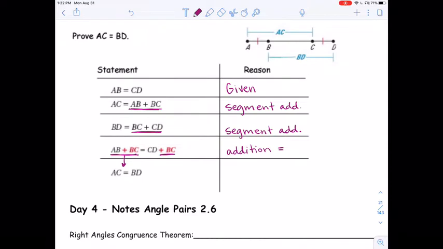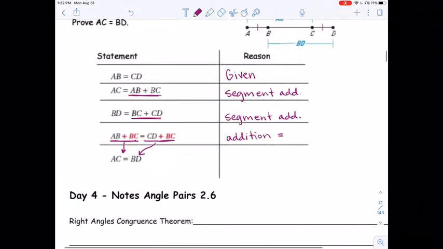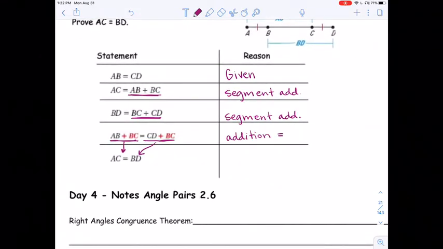And because it is equal to BD, we can swap it out. And when we swap these things out, in this case, it could be the transitive property of equality or it could be substitution, either one. So transitive property of equality or substitution would also be okay.